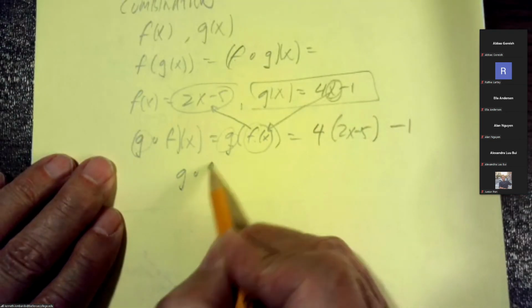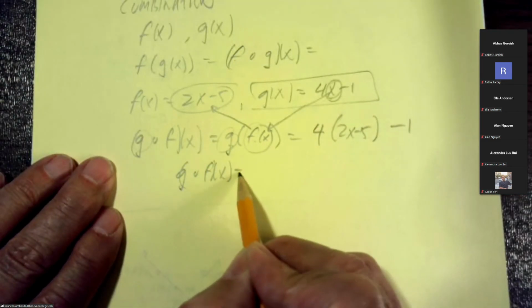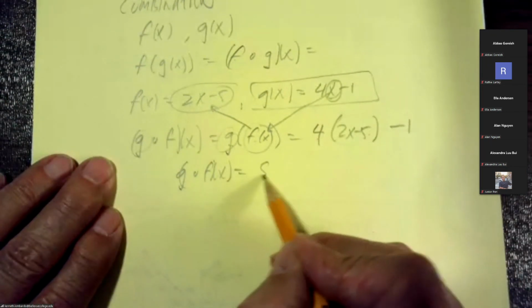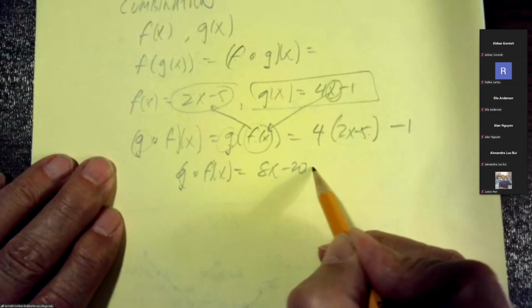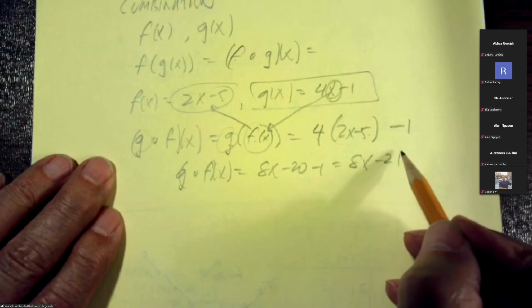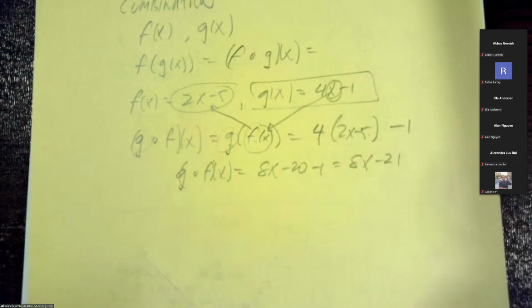So g of f of x looks like 4 times this quantity, which is 8x minus 20 minus 1, or 8x minus 21. Okay, so g of f of x would be determined that way.